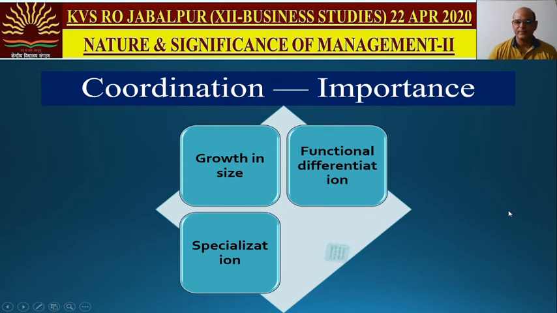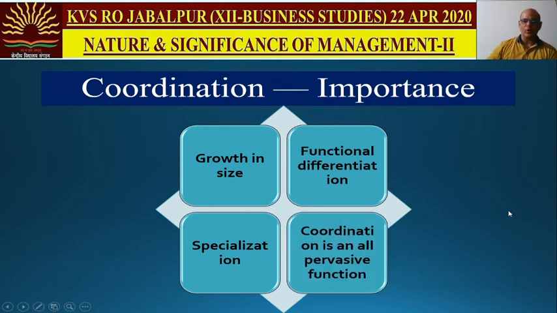And last is, coordination is an all-pervasive function. Coordination is present everywhere. You are doing coordination at your level, students. We are doing coordination at our level. You are making a coordination between what to study, how much time to devote to which subject, other functions to be performed, other activities to be done at home.